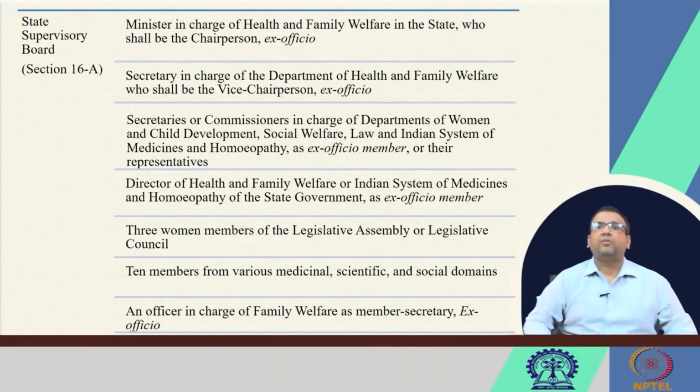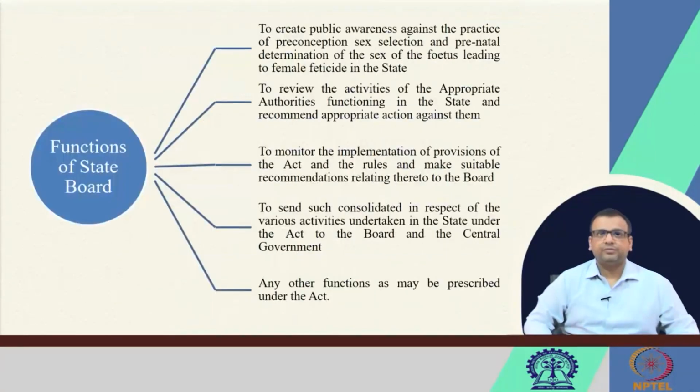Director of Health and Family Welfare or Indian system of medicine and homeopathy of the state government as ex officio members. 3 women members of the Legislative Assembly or Legislative Council, 10 members from various medicinal, scientific and social domains, and an officer in charge of family welfare as member secretary ex officio. So, these are the members of the state supervisory board, which comes under section 16A.